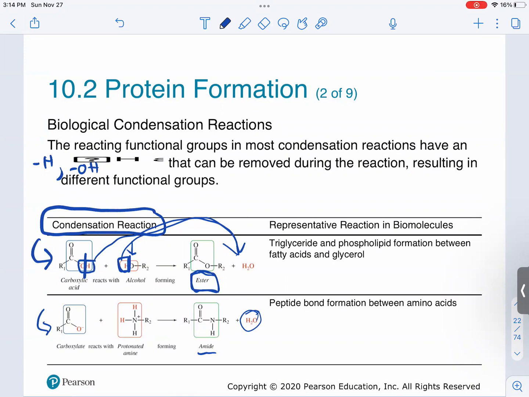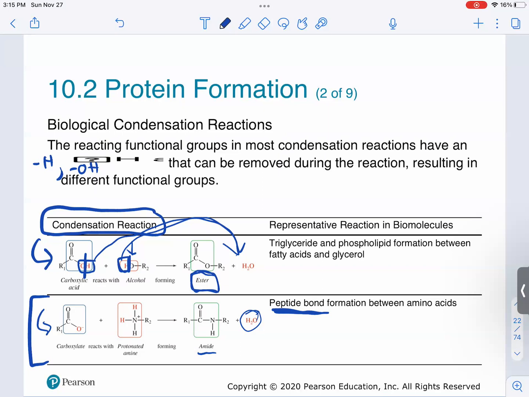Like you can see here, when you have a peptide bond forming between amino acids, remember the groups that you're going to have on amino acids whenever you're studying these examples. This is peptide bond formation between amino acids to put these big structures together.